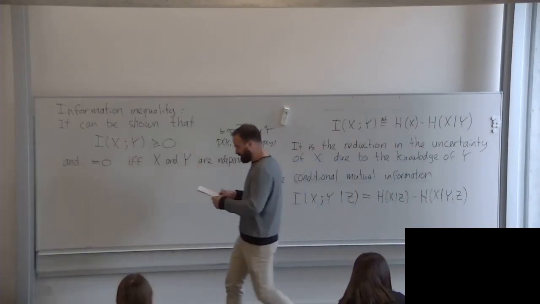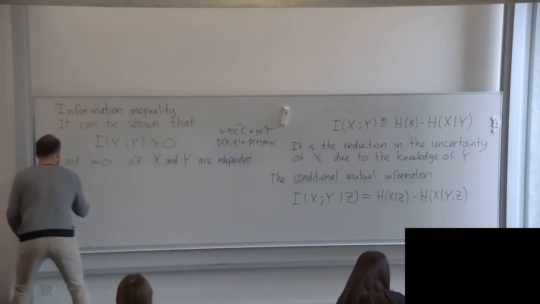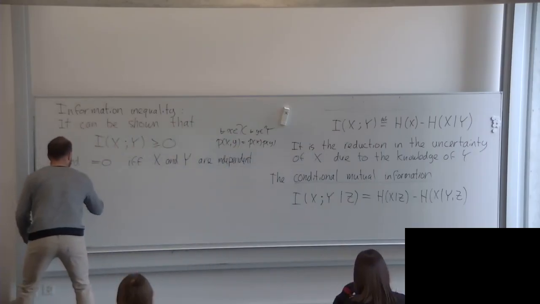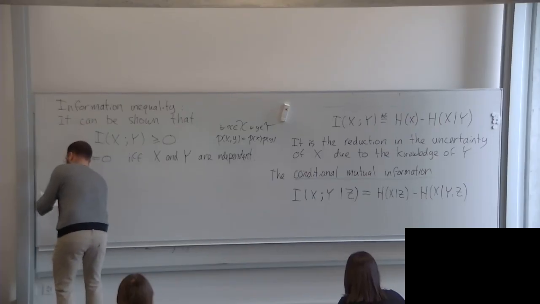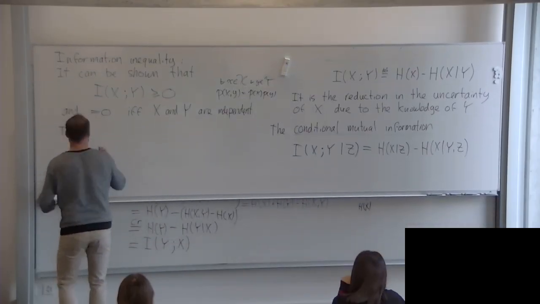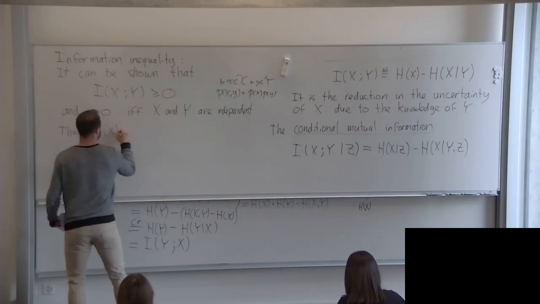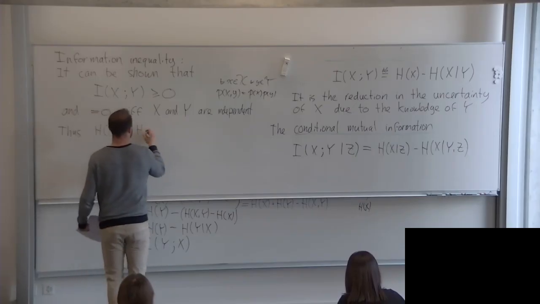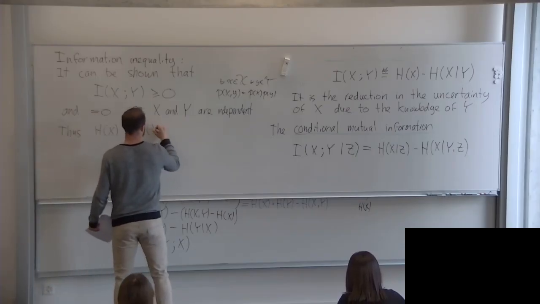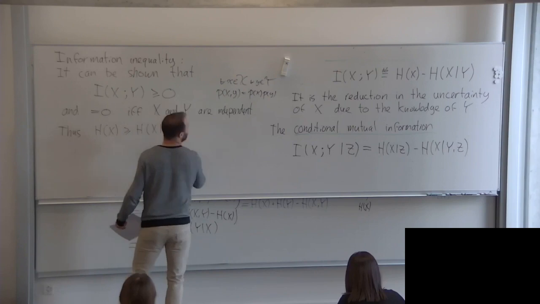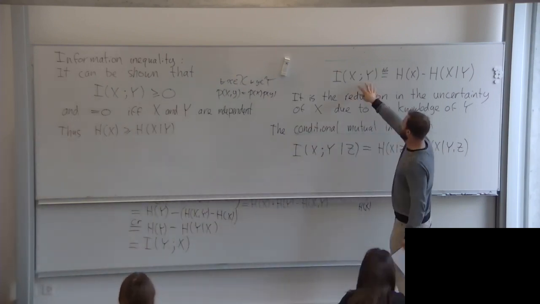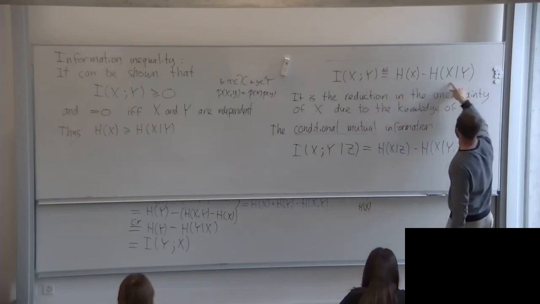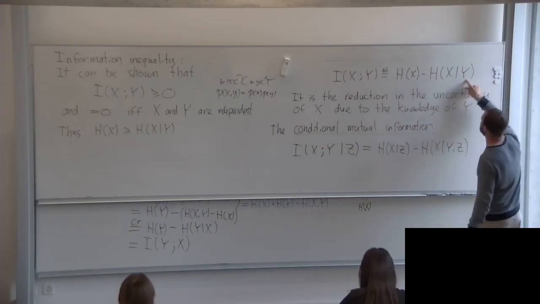Also, what it means is that, thus, h of x is larger or equal than h of x given y. If this quantity is larger or equal than 0, well, this is larger or equal than 0.